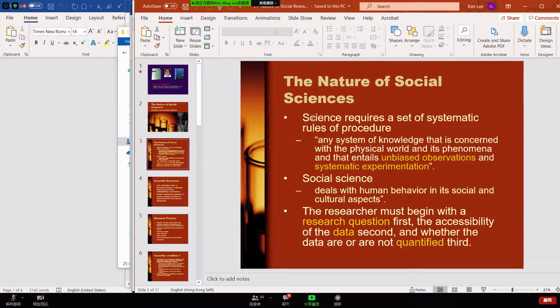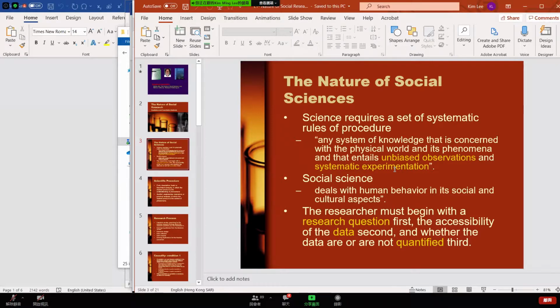So what is natural science? Science requires a set of systematic rules and procedures. When you try to discover how atoms work, that is physics, they need to do experiments in a physics lab, in a chemistry lab, whatever. If you want to know about the Big Bang theory, you need a telescope to observe the sky.